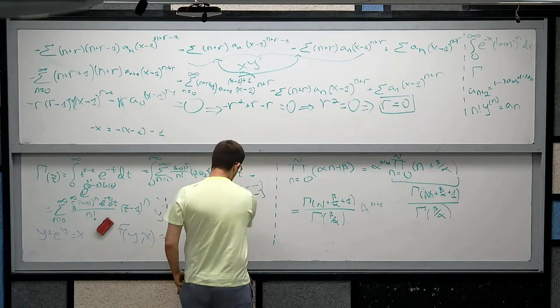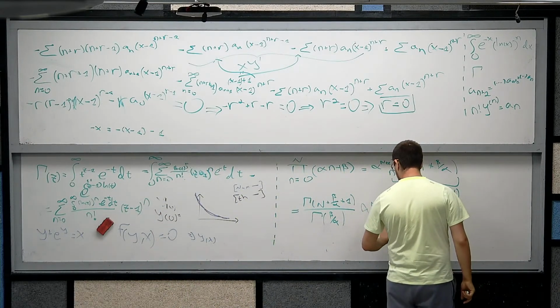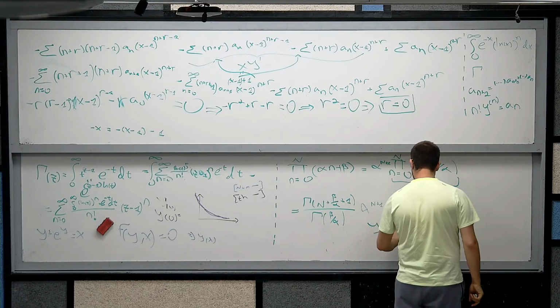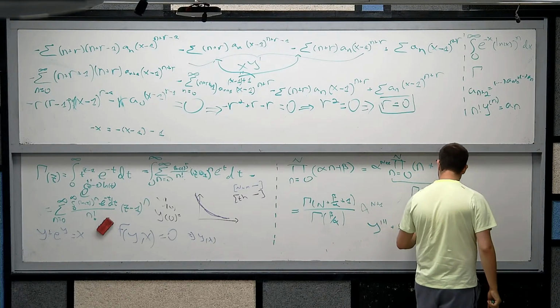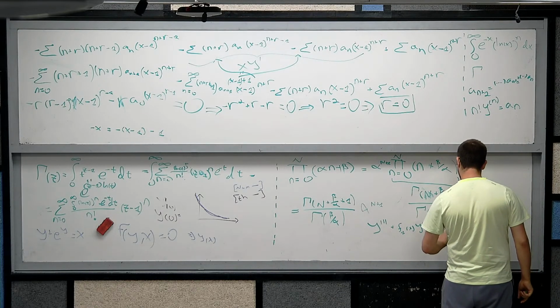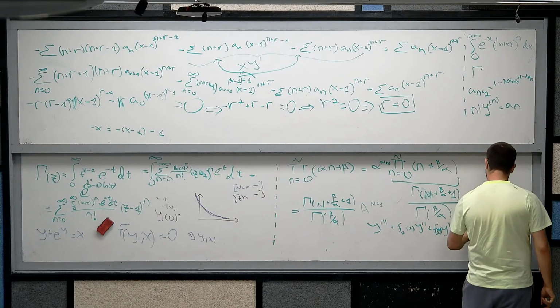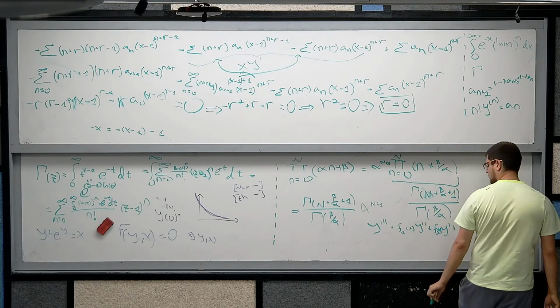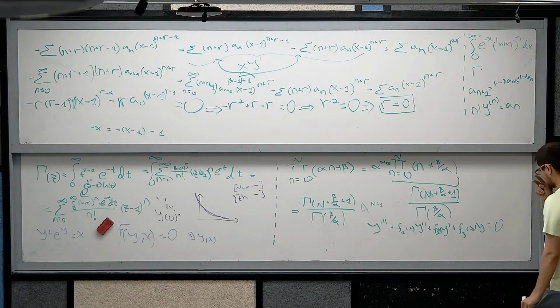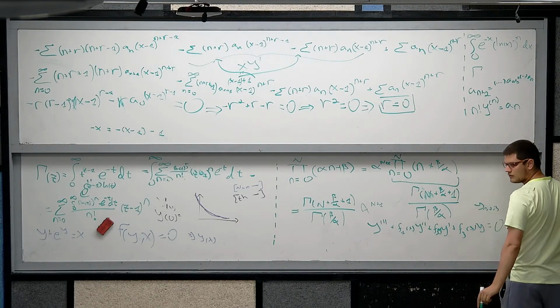You have the original ODE, right? y''' plus f1 of x, y'' plus f2, y' of x plus f3 of x, y equals 0. You have 3 solutions, y1, y2, y3.